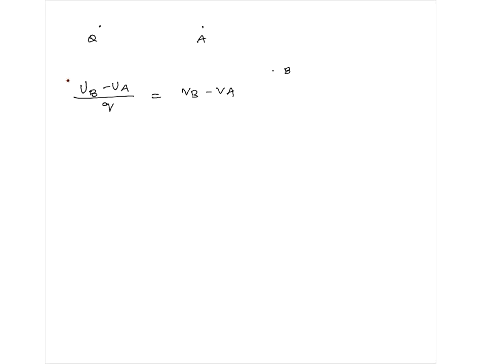So one can talk about potential at a point due to some configuration of charges. It could be discrete charges kept at several points. It could be a continuous charge distribution, say potential due to a ring at a point, potential due to a disk at a point.